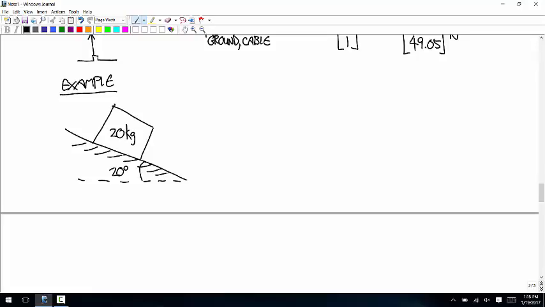And the box has a mass of 20 kilograms. And let's say the box isn't moving. So first, what's the force vector applied to the box by the incline?